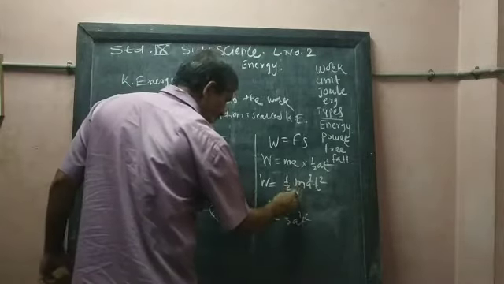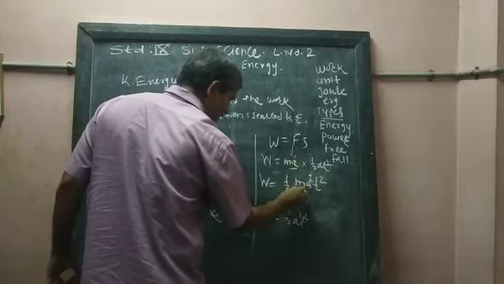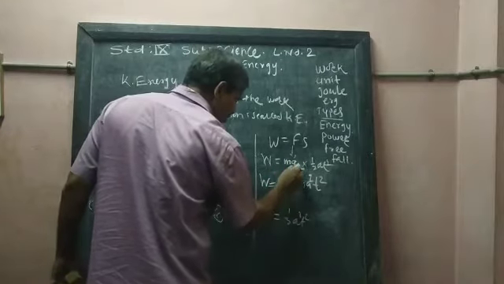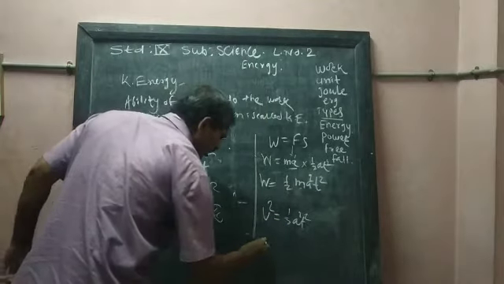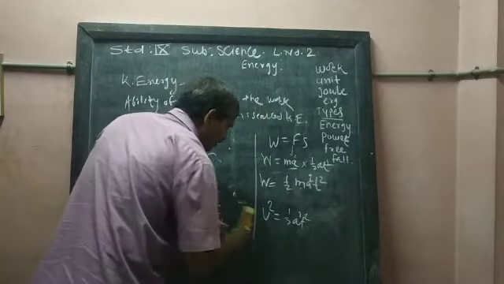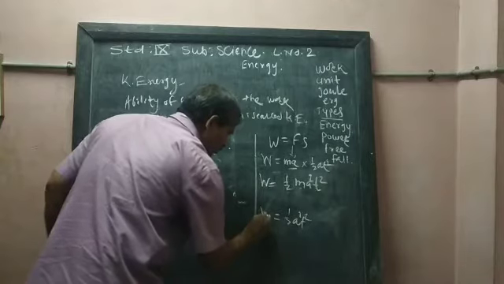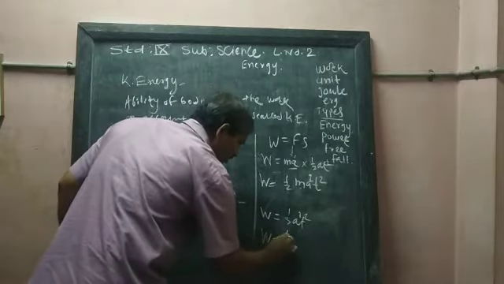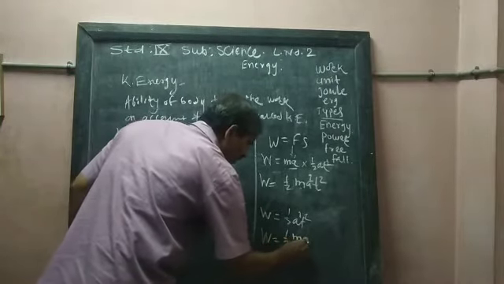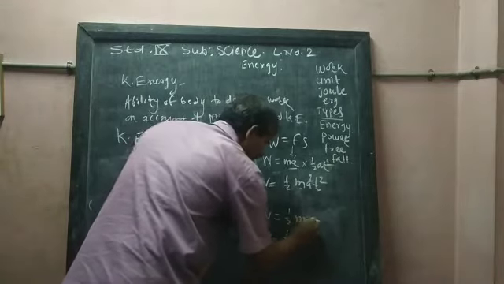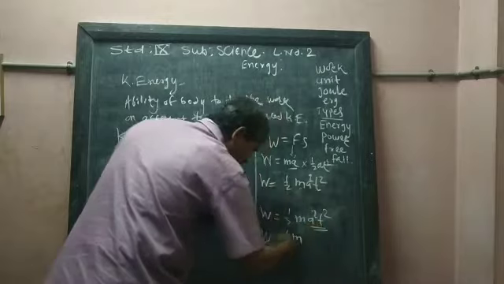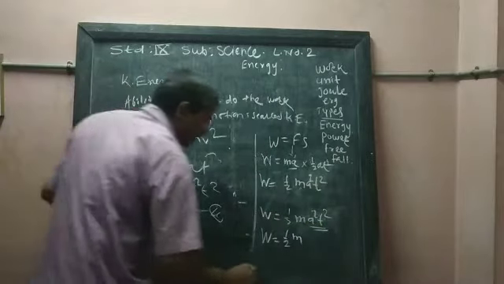One upon 2 m. F means ma, so here I took a into a square t square, giving 1 upon 2 a square t square. W is equal to half m, look here what I have written, m a square t square, and this a square t square means v square.